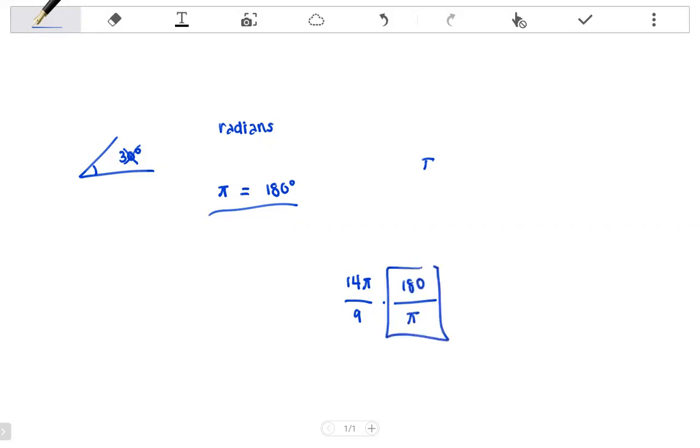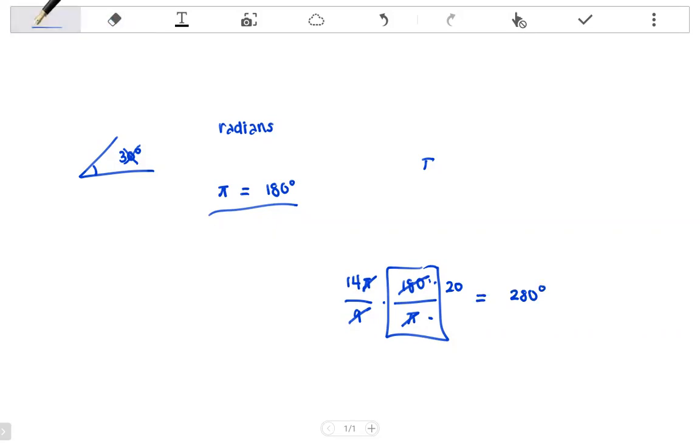This is called a proportion. Since the numerator and the denominator are equal, we can multiply by it. And we can cancel out. Pi cancels, and 9 and 180 cancel to make this 20. 14 times 20 is 280. So it's the same thing as 280 degrees.